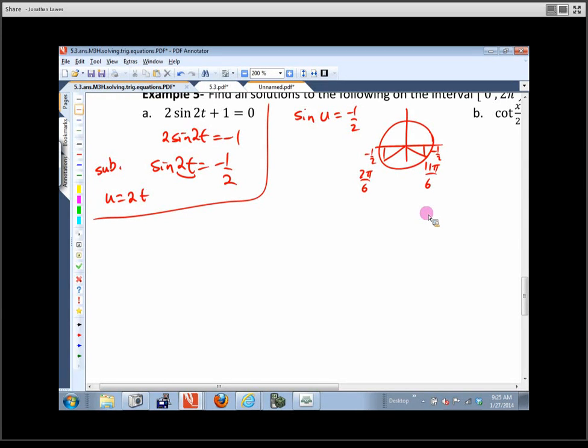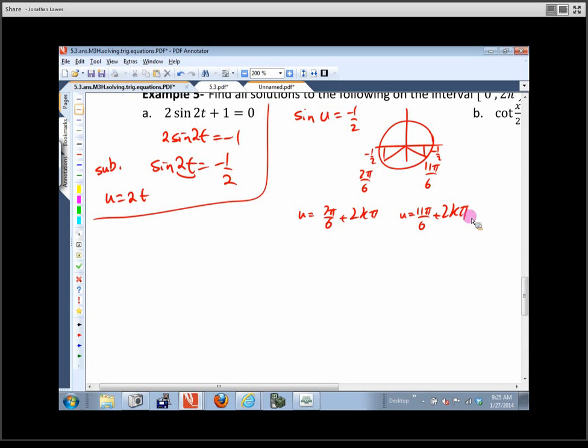Here's why we started off writing down answer sets. When you're doing a more complicated problem like this, it's much better to write down answer sets. So here's what we've got. We've got u equals 7 pi 6 plus 2k pi. And the other answer set is 11 pi 6 plus 2k pi.